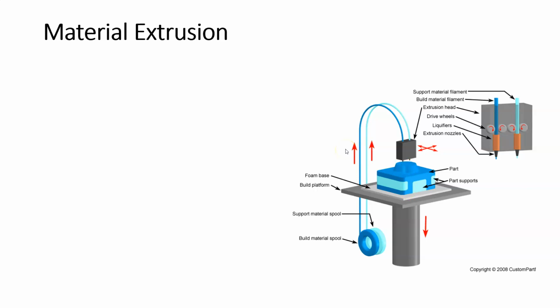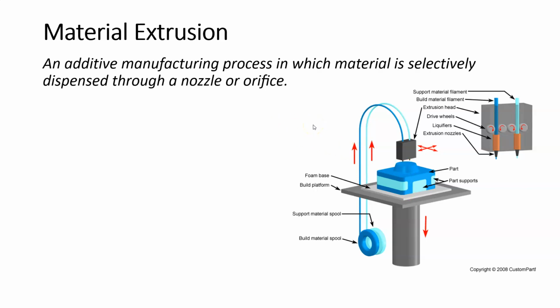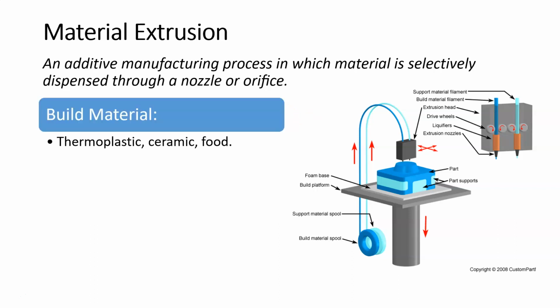All right. The official definition for material extrusion, and again, this is the standard definition, is an additive manufacturing process in which material is selectively dispensed through a nozzle or orifice. Typically, the build material is going to be a thermoplastic, right? Now, note that we're not talking about a thermoset here.